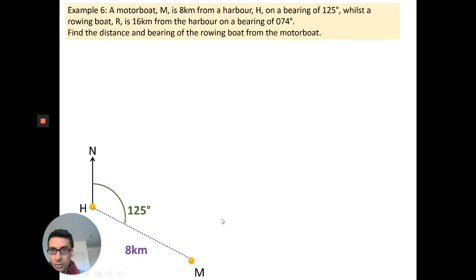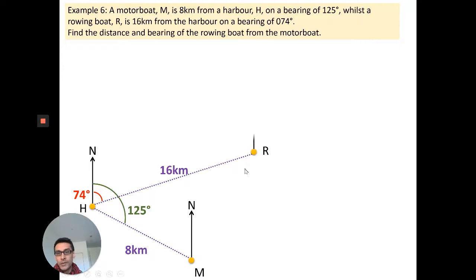And there's a boat R, which is 16 kilometers from the harbour on a bearing of 74. So this is, again, starting from H. So we're going to draw a 74-degree angle from H, and it goes off for 16 kilometers. Remember it's just a sketch, so you don't have to worry about measuring this accurately.